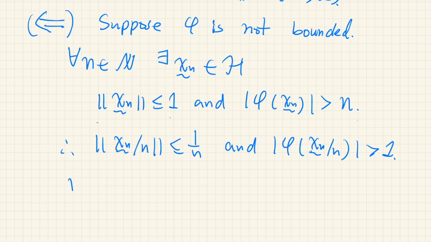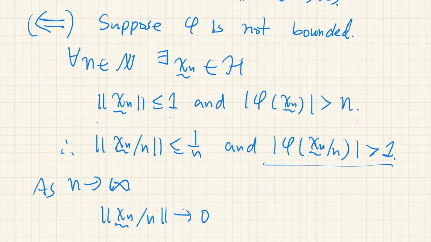Now, let's consider the limit of n going to infinity. As n goes to infinity, the norm of xn over n converges to 0. But the absolute value of phi of xn over n is still greater than 1.